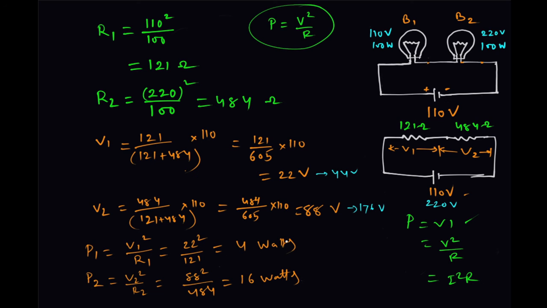The power consumed is directly proportional to the square of the voltage, so it will become 16 watts, and P2 will become how much? That is 64 watts. Now you can see that the power consumed by these bulbs is far less than 100 watts.